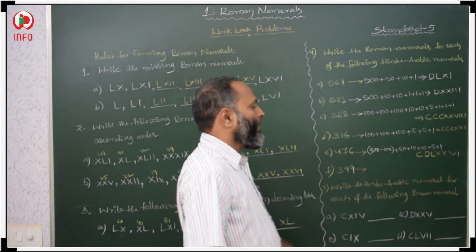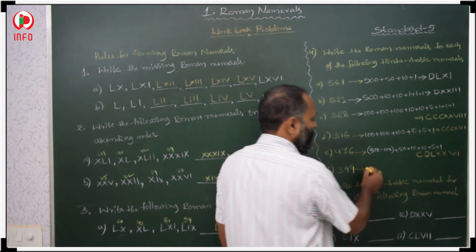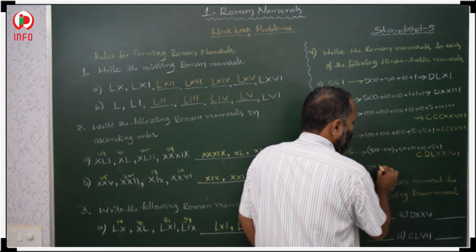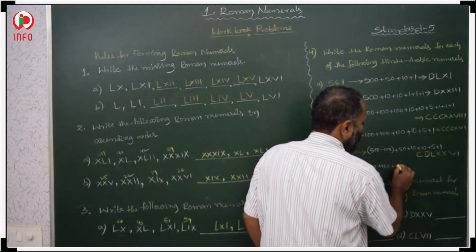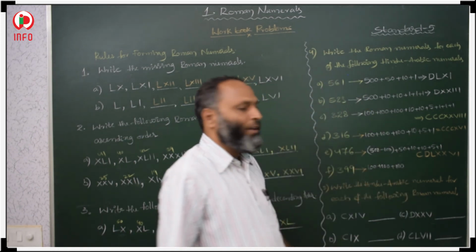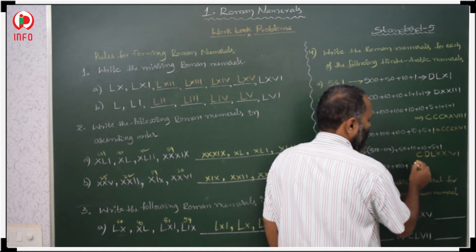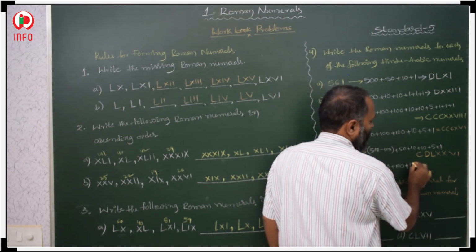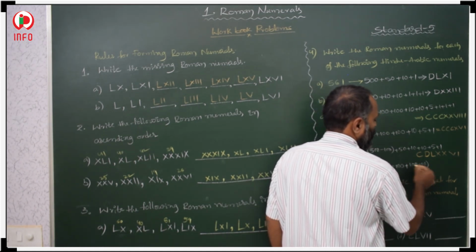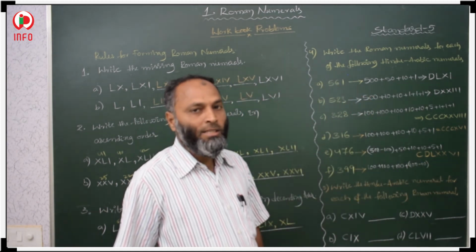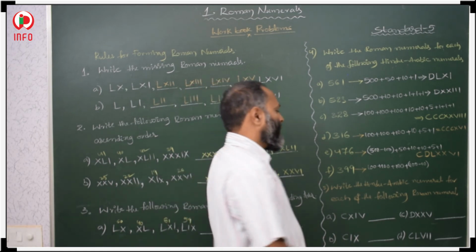Now 399. How to write 399? 100 plus 100 plus 100, 300. And now we have to write 99. How to write 99? First 100 minus 10, that is 90. And after that 9.